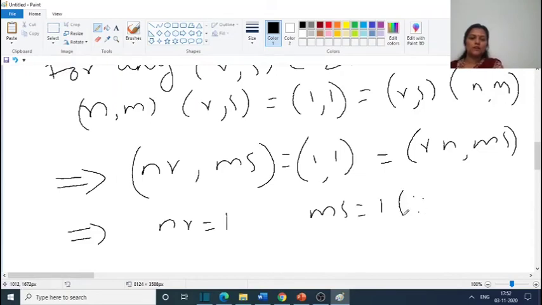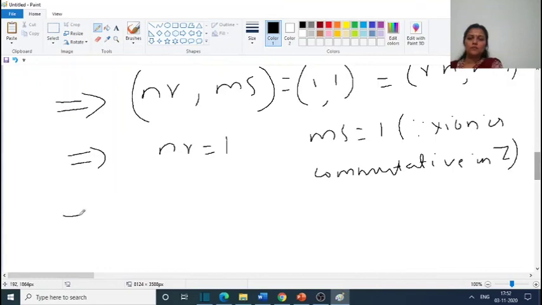Since multiplication is commutative in Z, this implies n is equal to r is equal to plus or minus 1, and m is equal to s is equal to plus or minus 1.